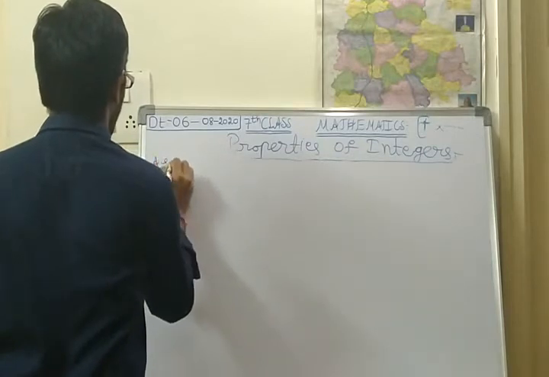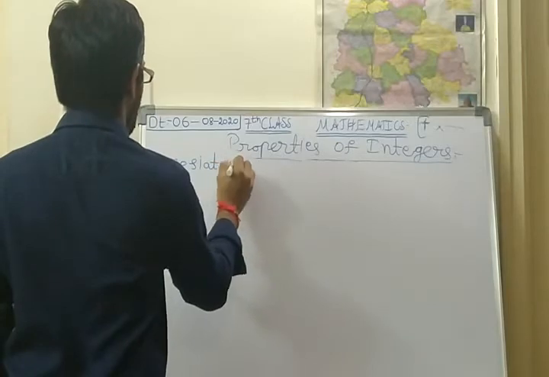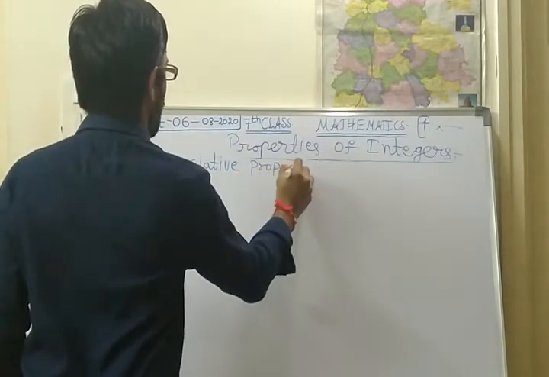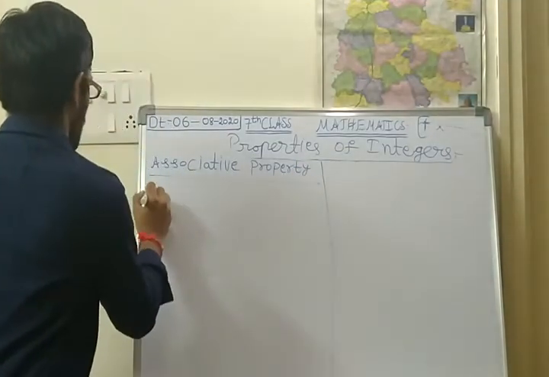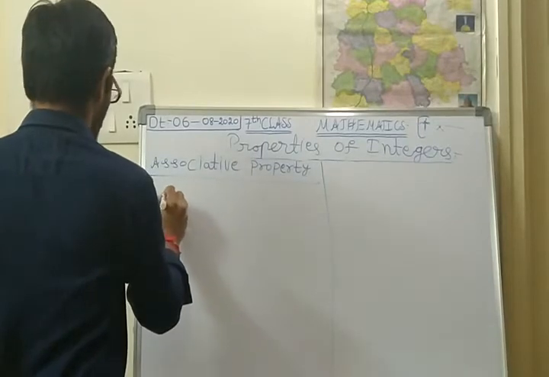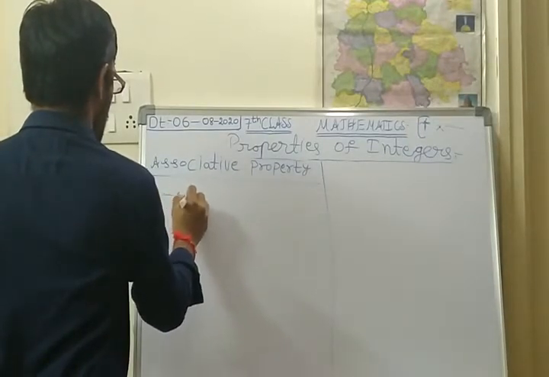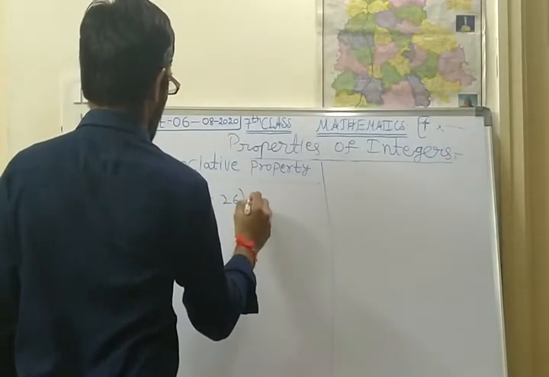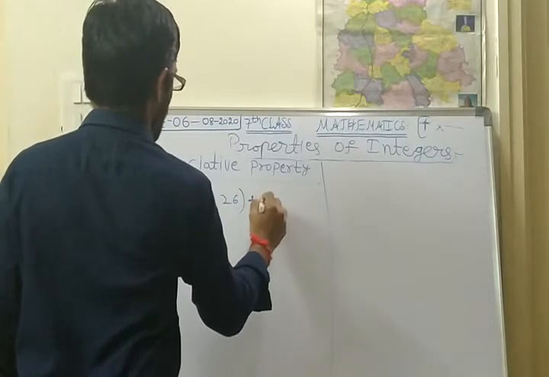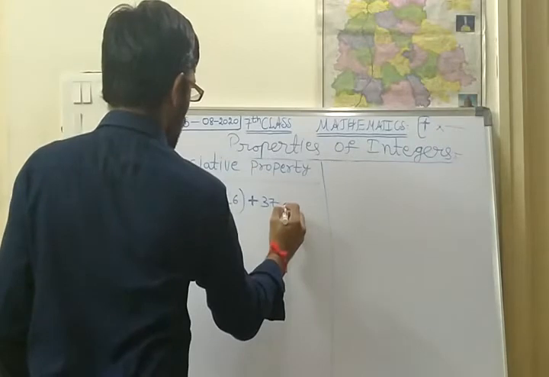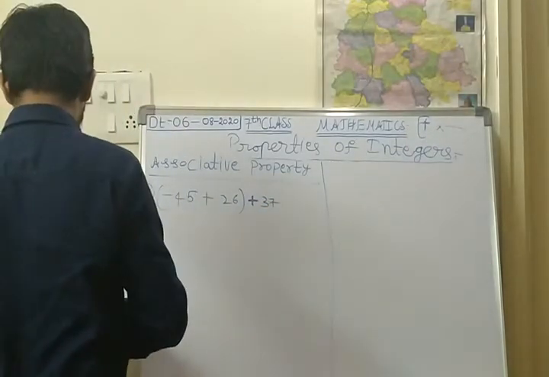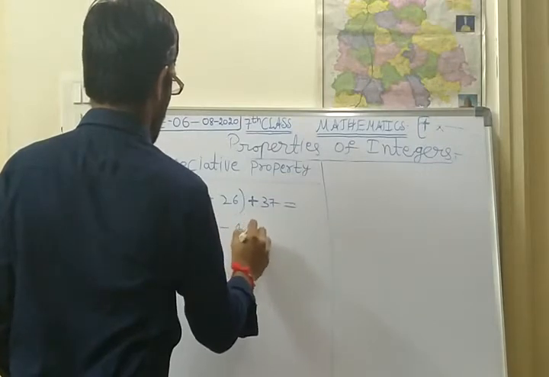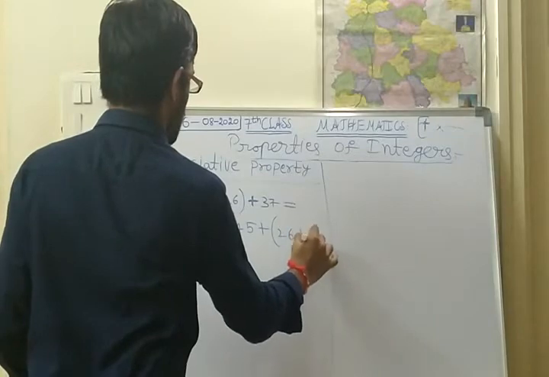First, associative property. First one: minus 45 plus 26 plus 37 is equal to minus 45 plus of 26 plus 37.